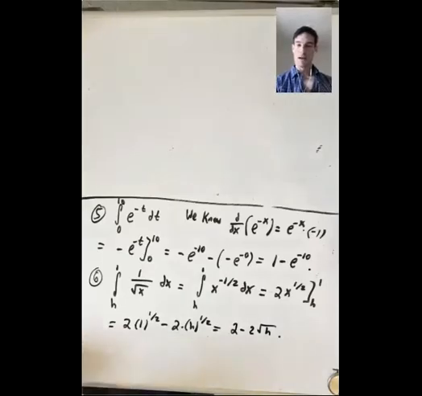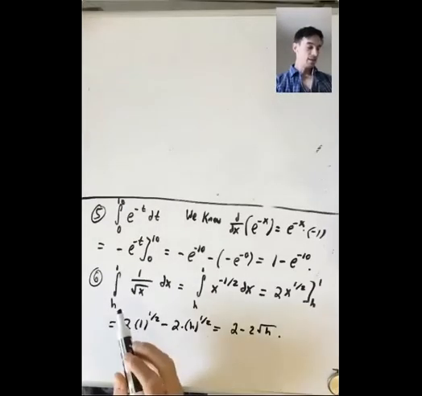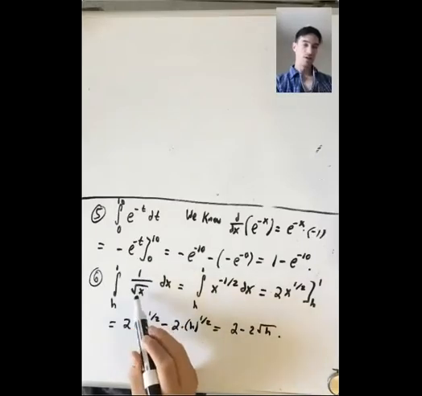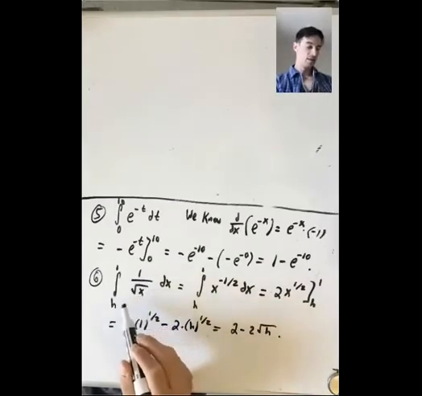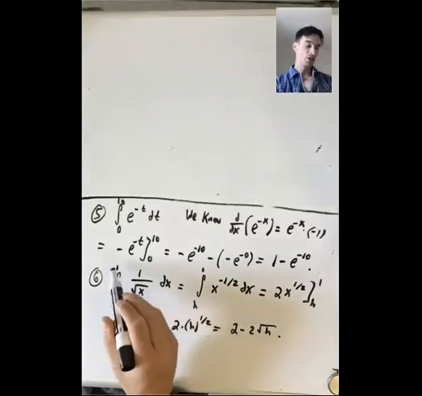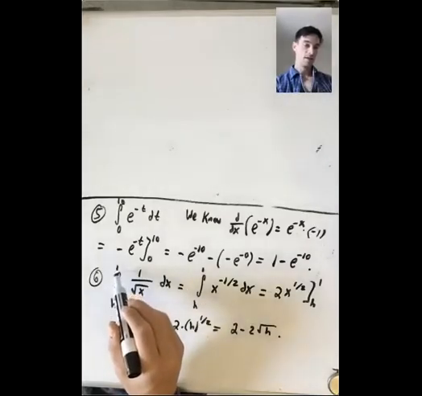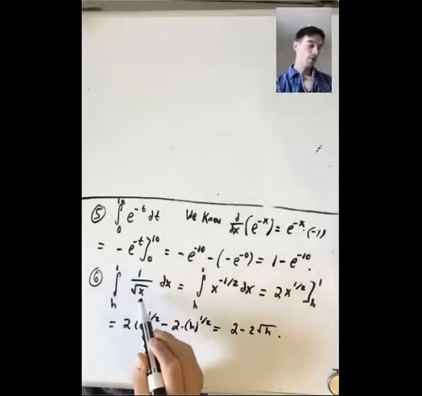Okay, we have to be a little careful here because we need our function 1 over square root of x to be continuous on the interval from h to 1. So the problem is that 1 over square root of x is not continuous at x equals 0.